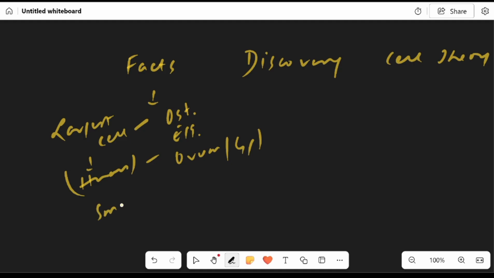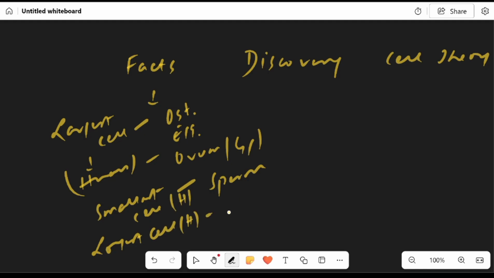The smallest cell in human beings is the sperm. And last but not the least, the longest cell found in human beings, what is it? It's the branched and long one, the nerve cell or neuron.